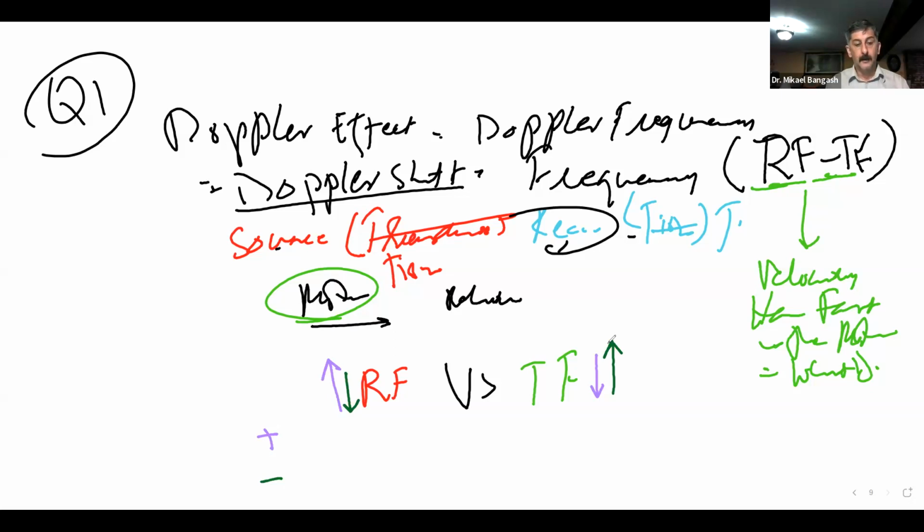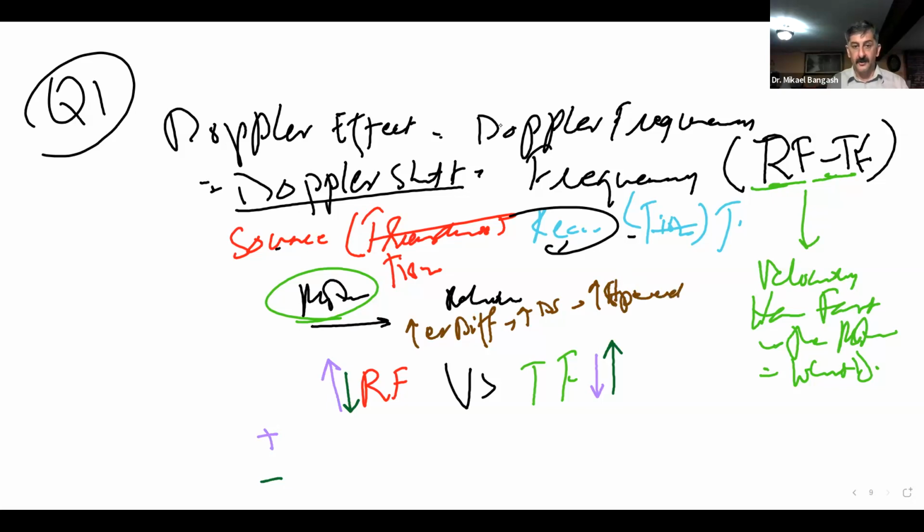Where we can mainly say a greater difference between the two frequencies here is going to lead to a greater Doppler shift. And that greater Doppler shift indicates the blood flows at a greater speed.